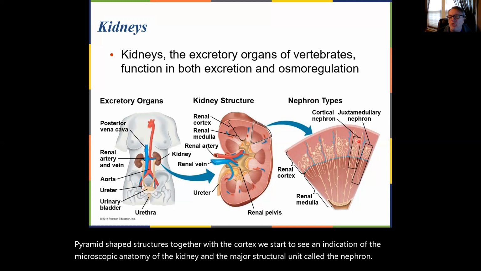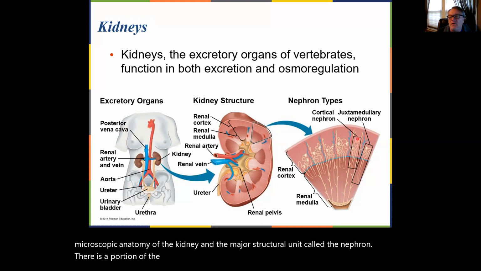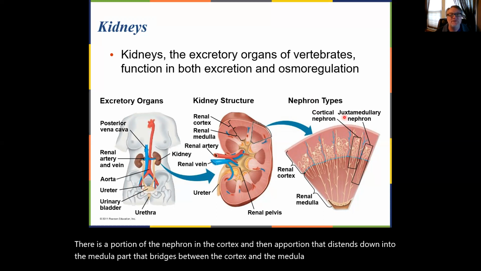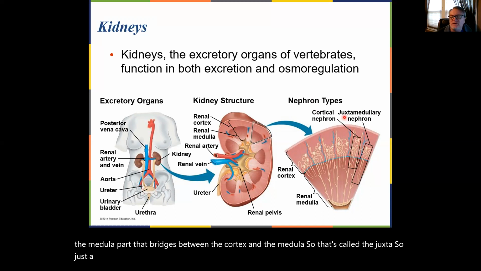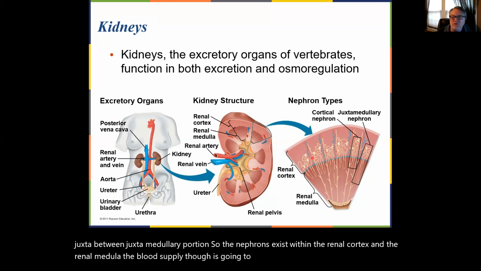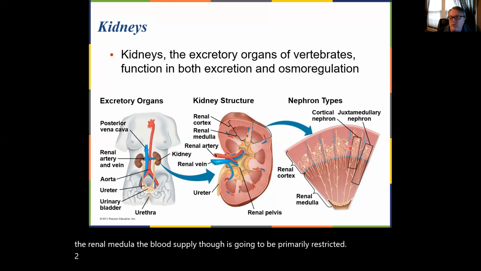There is a portion of the nephron in the cortex, and then a portion that descends down into the medulla, and a part that bridges between the cortex and the medulla. So that's called the juxta, so juxta between, juxtamedullary portion. So the nephrons exist within the renal cortex and the renal medulla. The blood supply, though, is going to be primarily restricted to the renal cortex portion of the nephron.